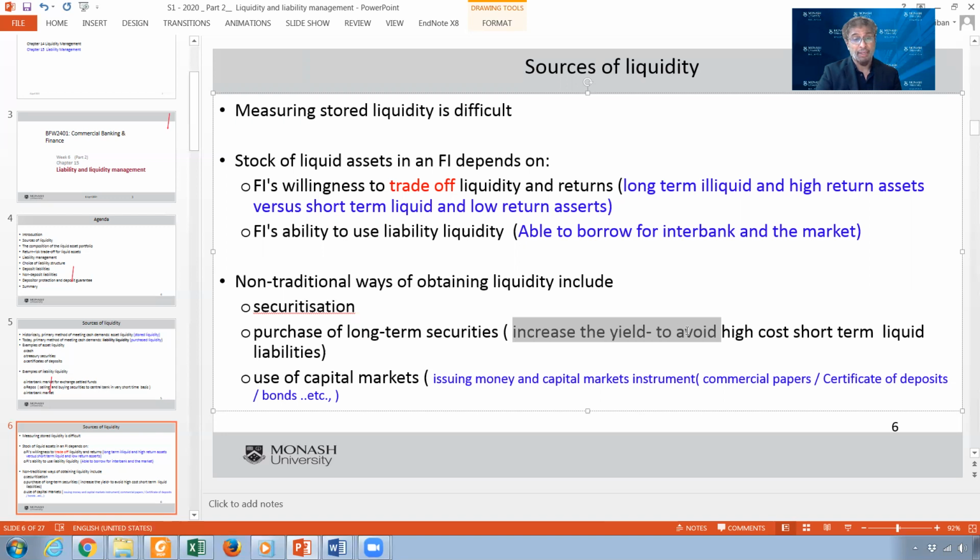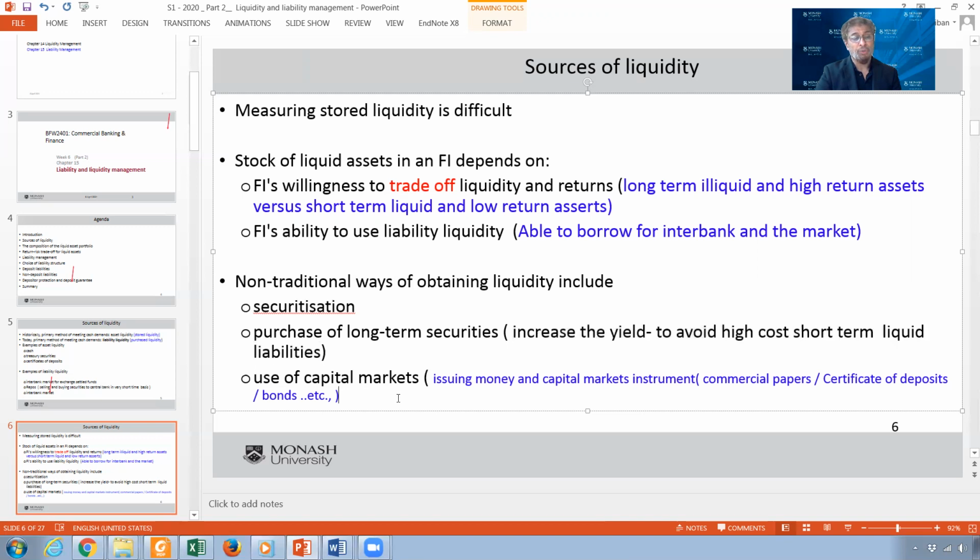This will give you 7 and 8%. But at the same time, when you need liquidity, you go and borrow from the market. You will borrow with a higher cost of funds. And that's fine because you already receive higher returns. If liquidity needs arise at any time, then you can go and borrow from the market at higher rates, but you're already receiving higher return. So this is what we mean.